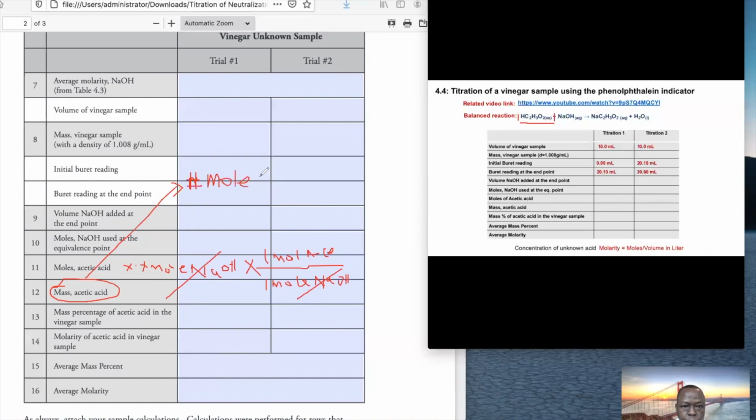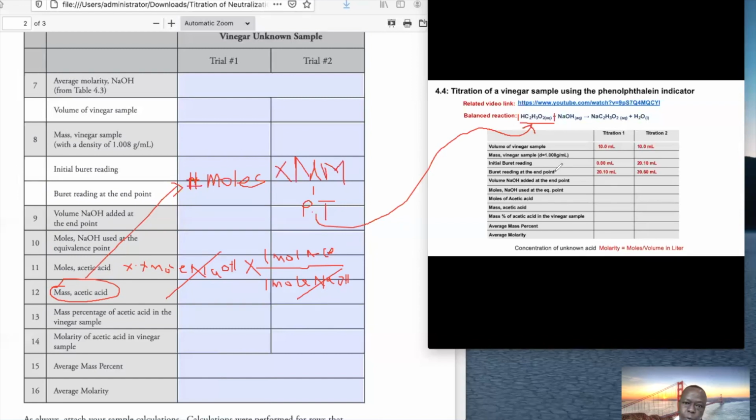Number of moles times the molar mass, let me abbreviate that, not molarity, but uppercase M for molar mass. This is from the periodic table. PT stands for the periodic table. How? If you look at the chemical formula, you should be able to find the molar mass of acetic acid.